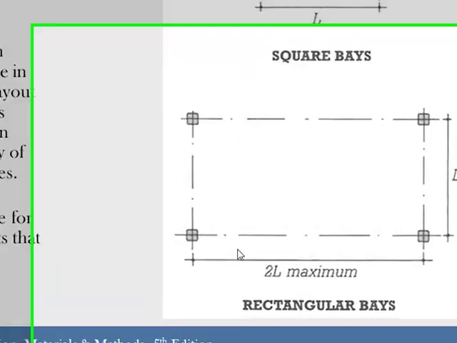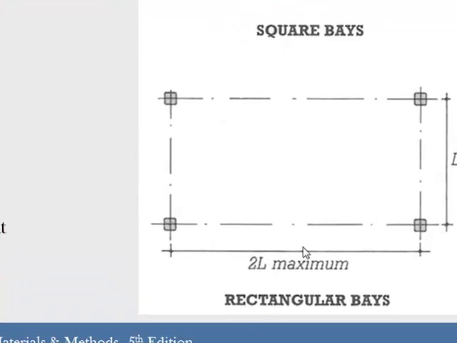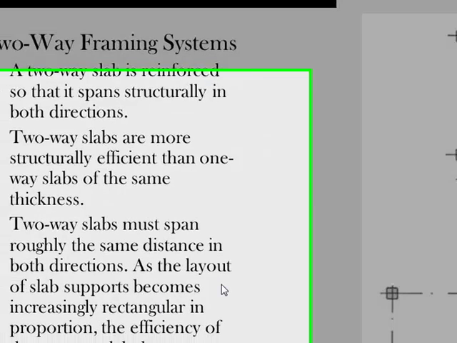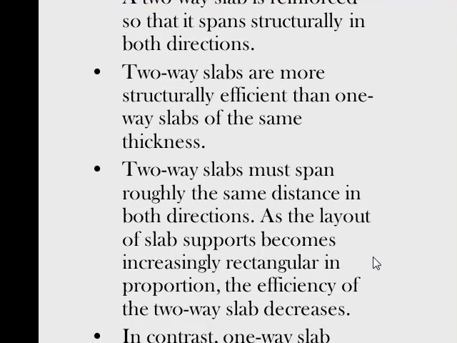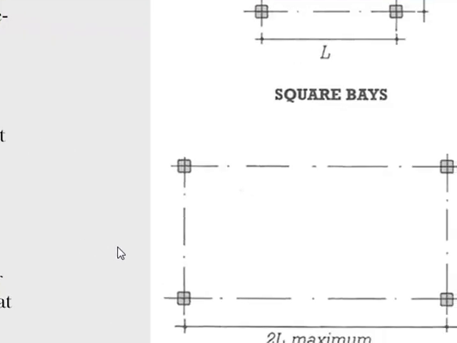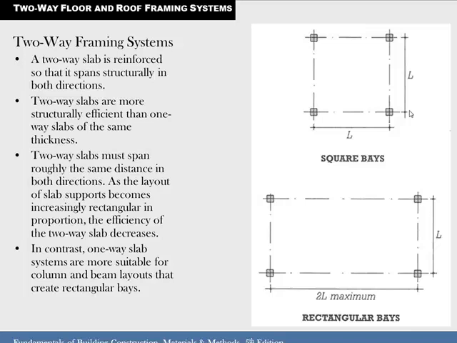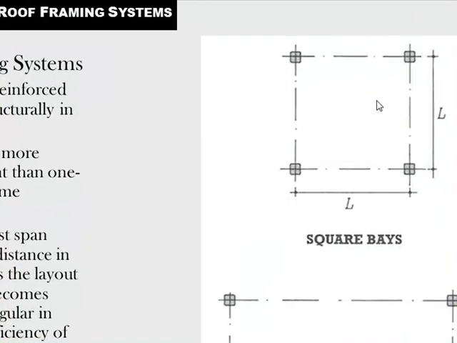You can get up to 2 times the length and have a rectangular bay, but after that it's really not economical. They're more structurally efficient than one-way slabs of the same thickness. Two-way slabs must span roughly the same distance in both directions. As the layout of the slab supports become increasingly rectangular, the efficiency of the two-way slab decreases. So this is not near as efficient in a two-way system as this is.